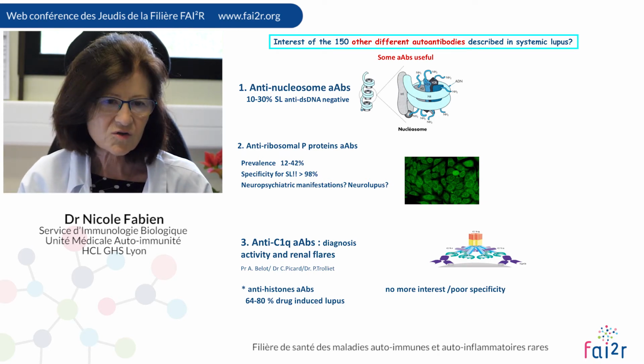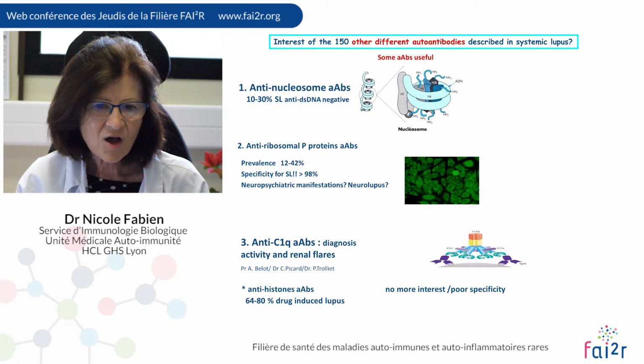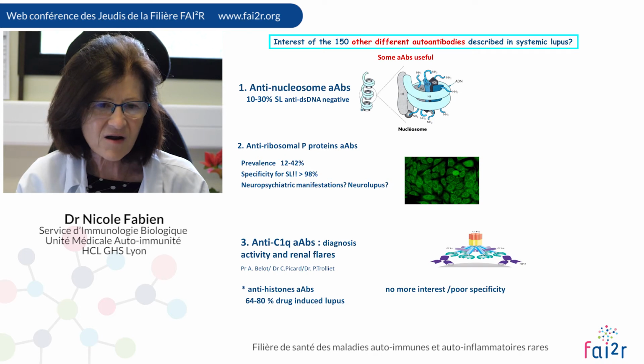So you can ask for them if you do not have any positive marker for lupus. The second one is anti-ribosomal P protein autoantibodies, which give a really typical pattern on the cytoplasm of HEp-2 cells, and they are very, very specific for lupus.